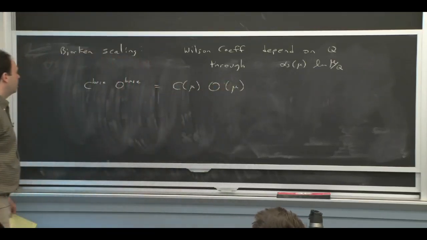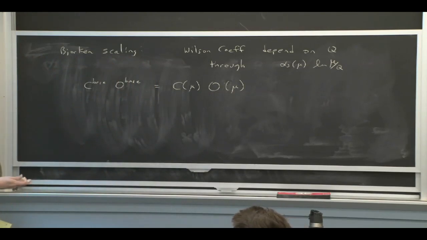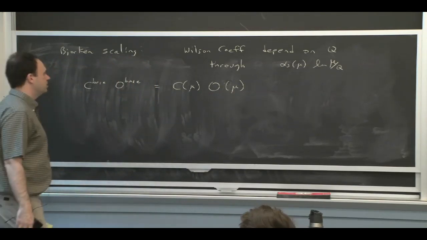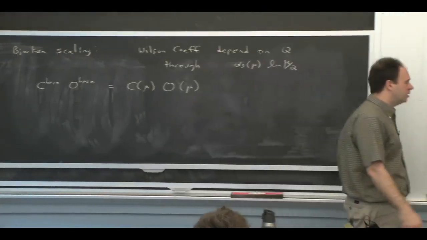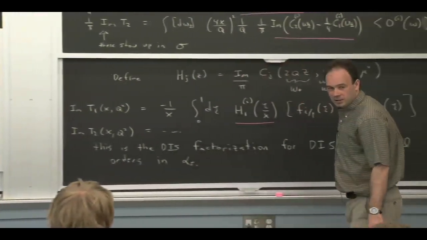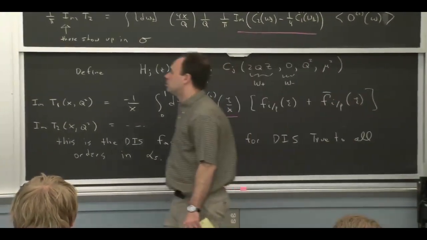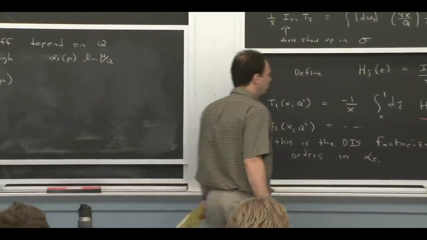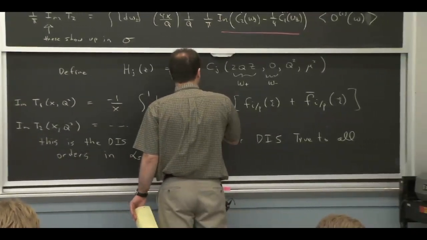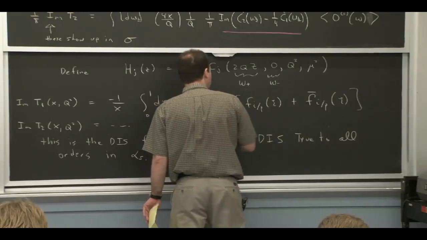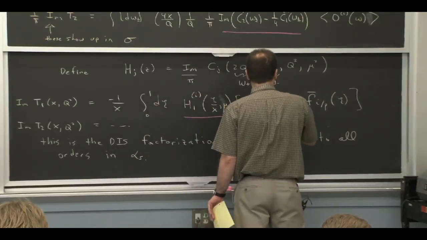So switching from bare operators and coefficients to renormalized operators and coefficients is simply a matter of sticking in a mu here, and then you imagine that the renormalization has taken place. Okay, so we could equally well insert in these formulas a mu for that.